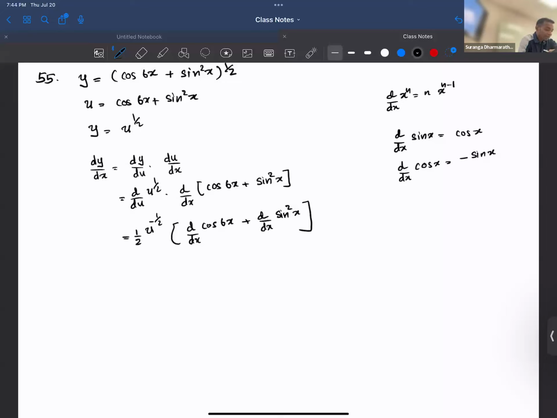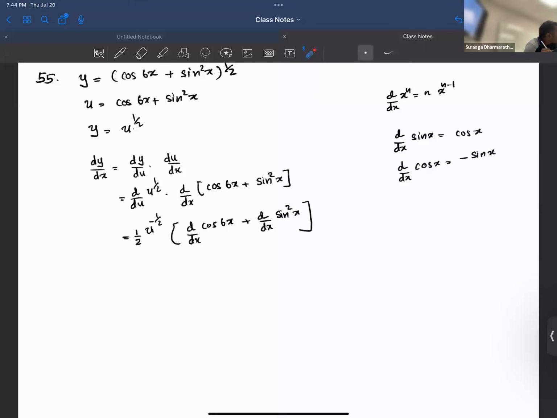Just like we converted this into u to the half, right? How do I convert this into this format? What do we do? How do I convert cosine 6x into something like cosine v, or cosine t, or cosine theta?